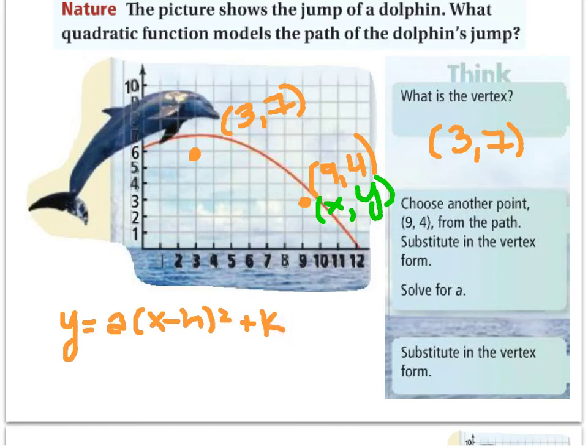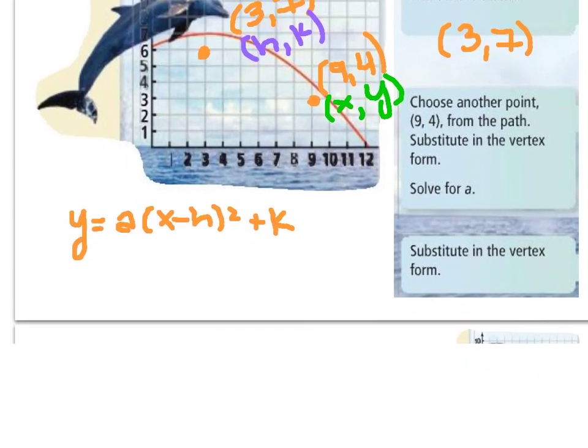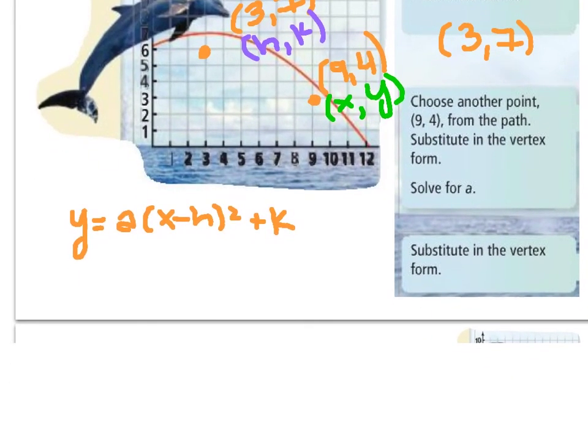Now I know h and k from this formula, right? h and k are from my vertex. So 3 goes here, 7 goes here. The only thing I don't know is my a value, but I know everything else. So I can plug everything in and solve for a.